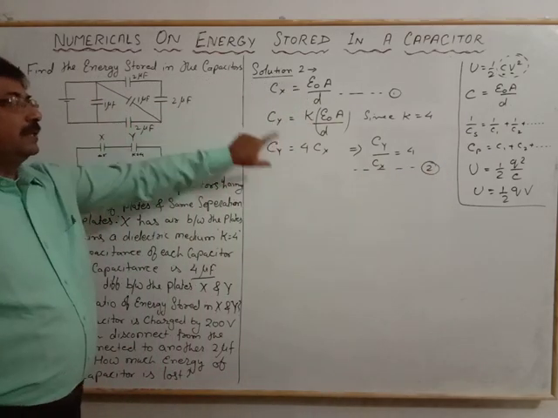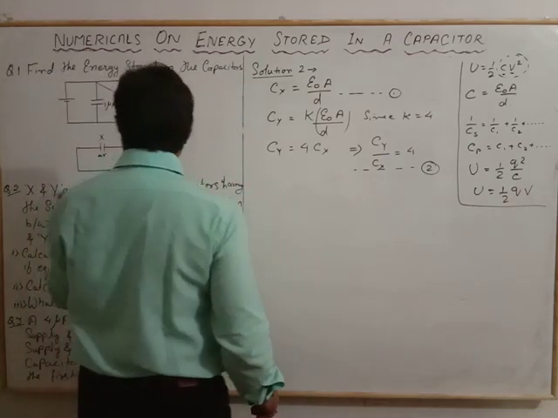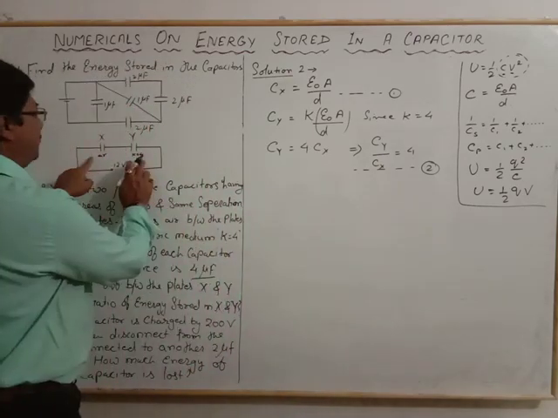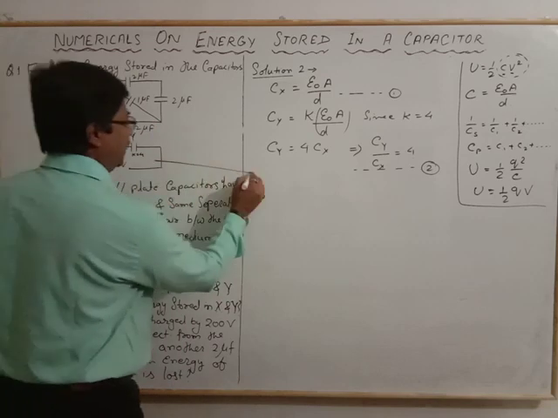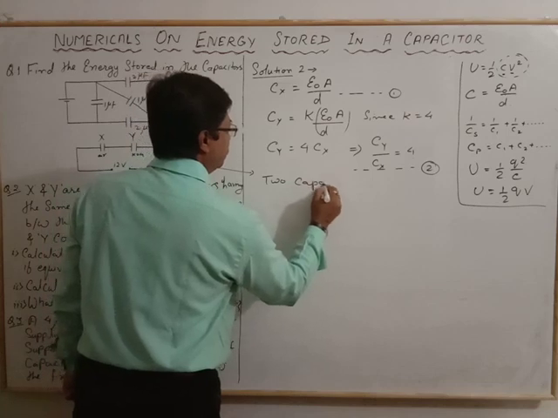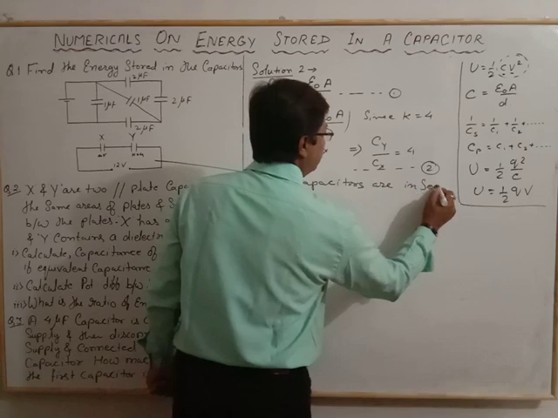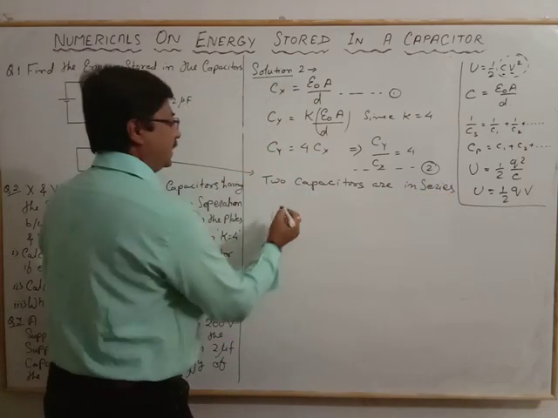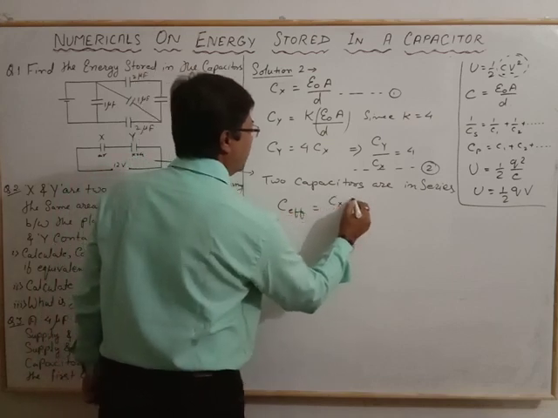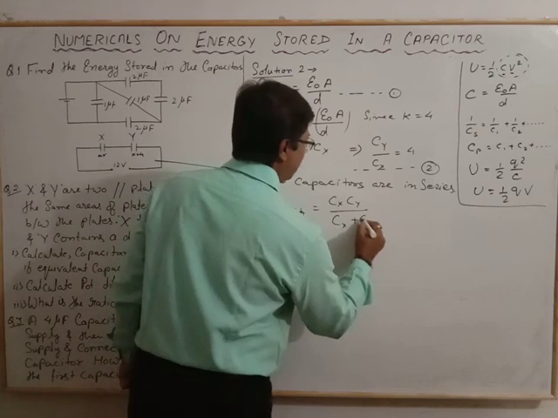Now for the equivalent capacitance, one capacitor is here and the other is in series. In the figure, the two capacitors are in series. So C effective is equal to Cx into Cy by Cx plus Cy.